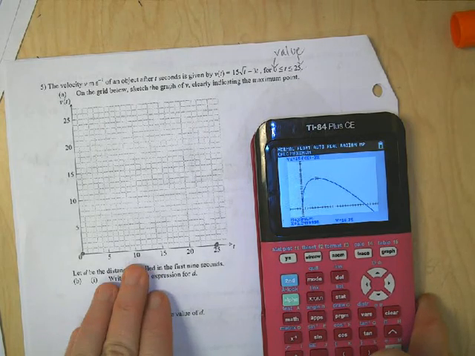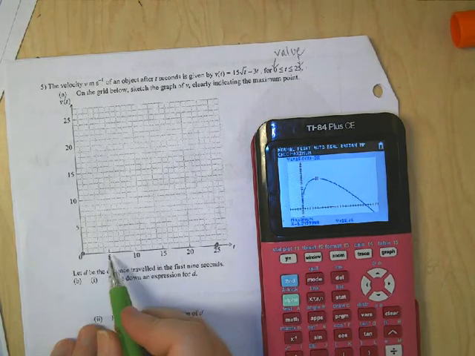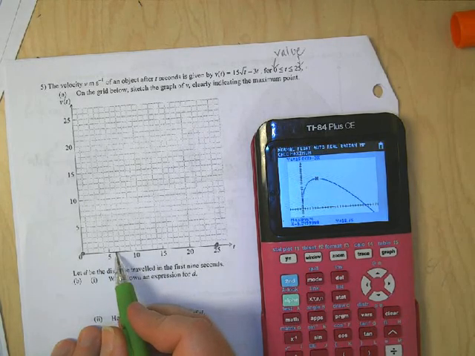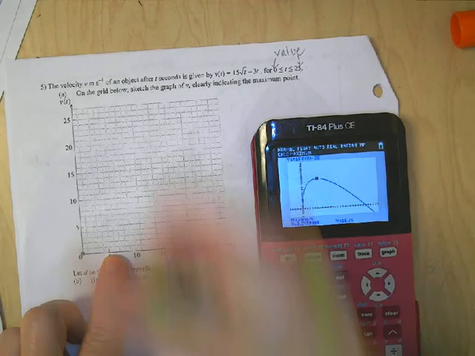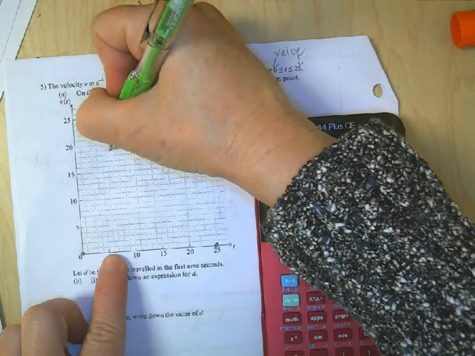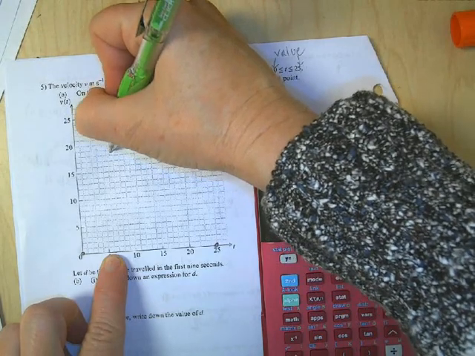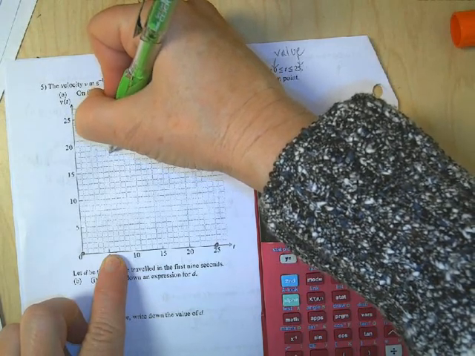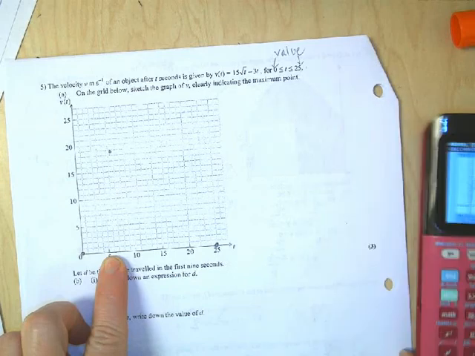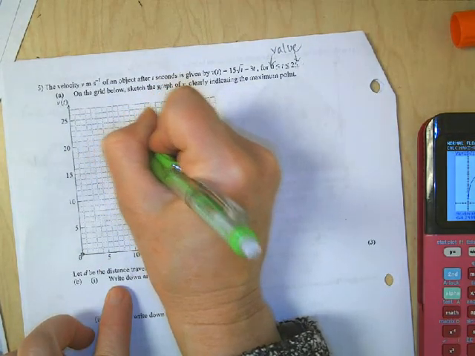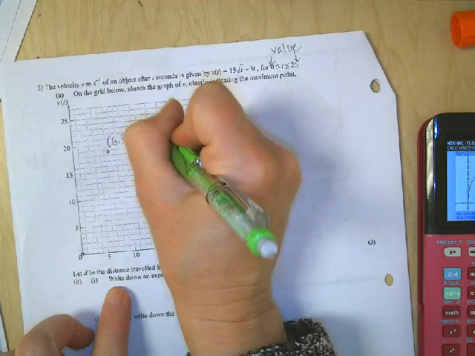And I'm going to want to label that. So 5, 6, 7, 8, 9. Yeah, this is 6 1/4 and up to 18.75. So 6 1/4, 18.75, around there. That's going to be my maximum. So that's going to be at 6.25, comma 18.75.